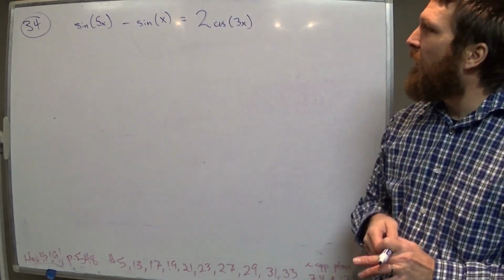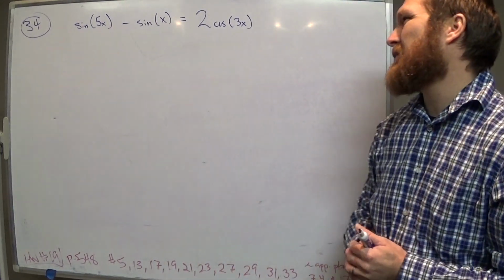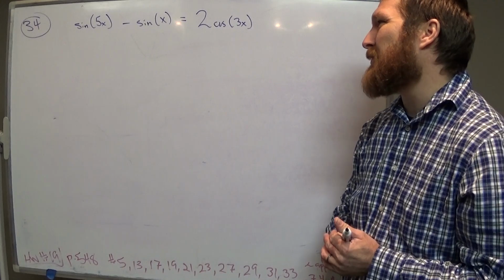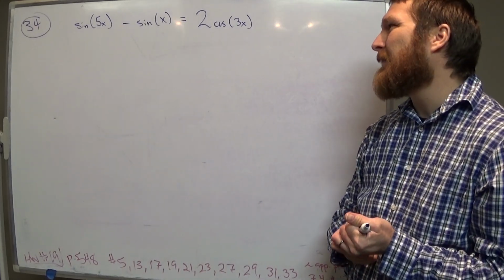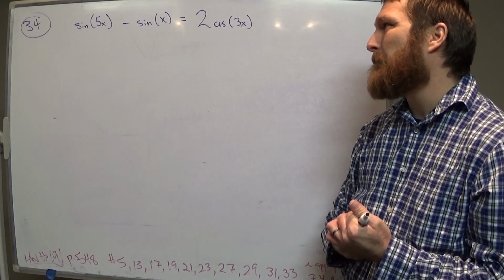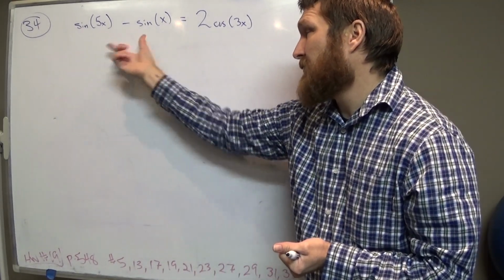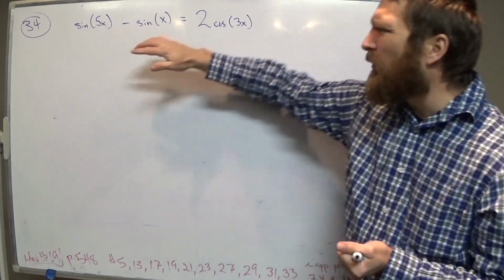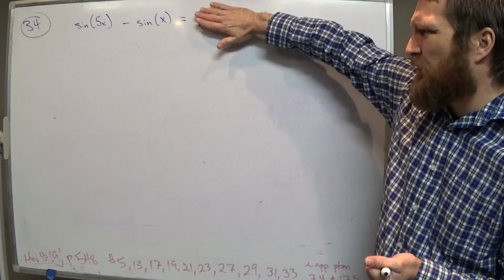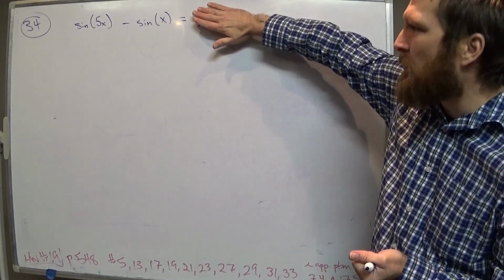But the fact that we have x, 3x, and 5x, well, two of those are prime numbers, so this is signaling to me that maybe this is a product of sum. And I have some here. So that's where I want to start. And I also know that in those formulas, you have a sum of sine and sine, or cosine and cosine.